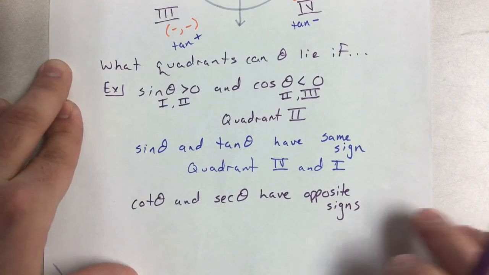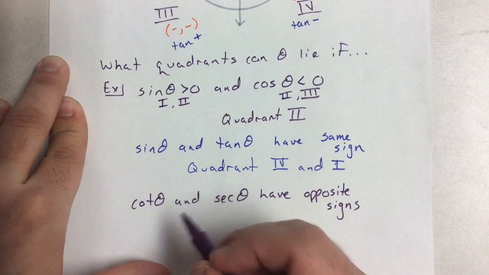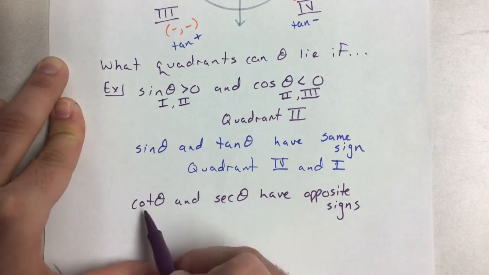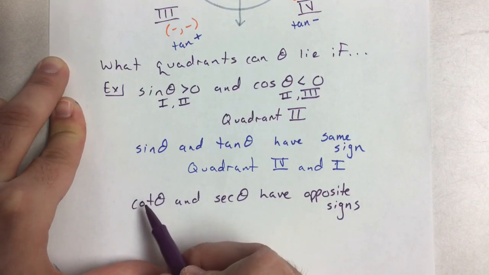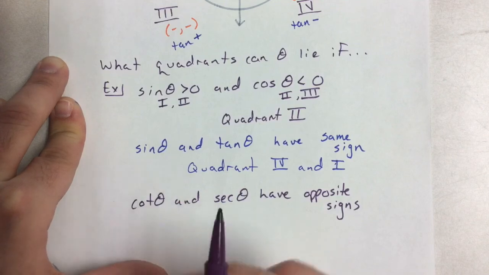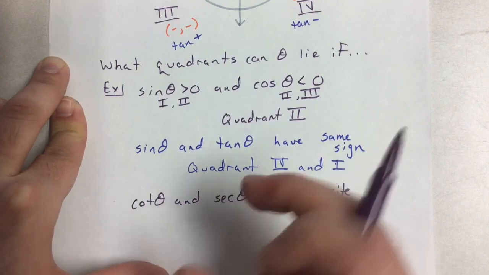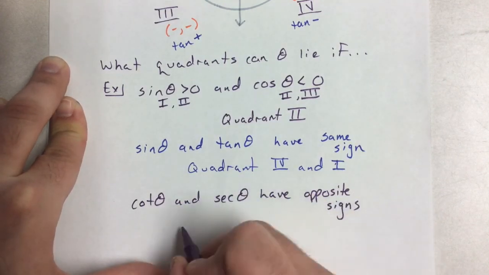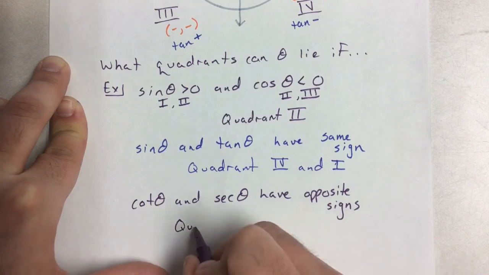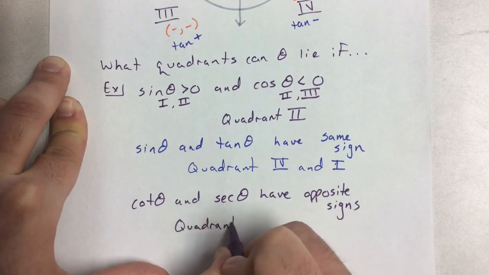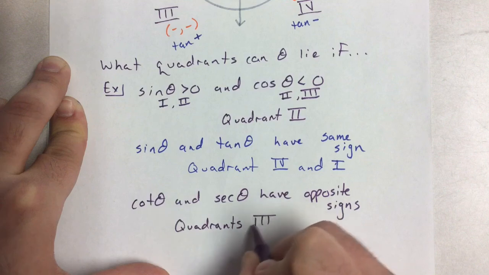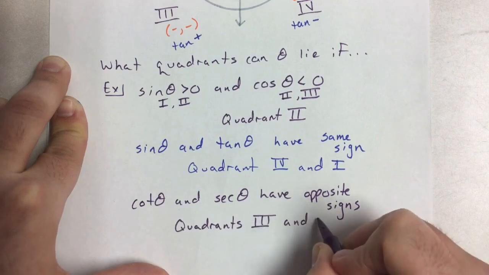What you should find is that these have opposite signs. So cotangent, we can compare it to where tangent is, look at the signs of tangent. And same with secant, we can compare that to cosine. You should find that they have opposite signs in quadrants 3 and 4.